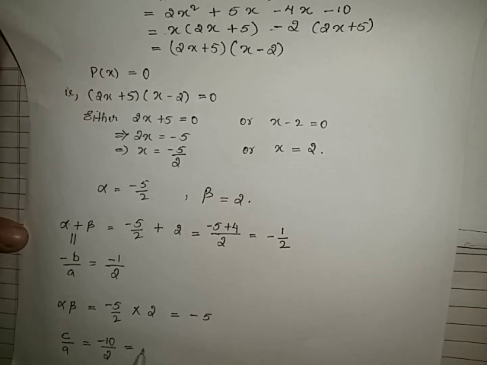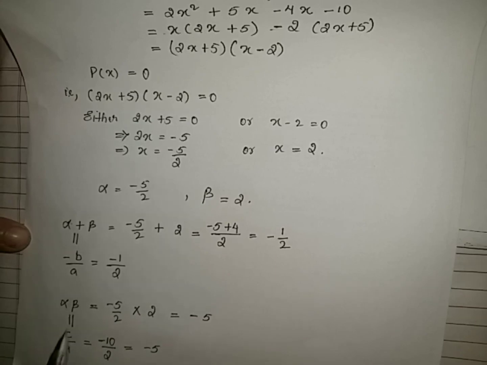What do we get? We get minus 5. Hence, alpha into beta is equal to c by a. Hence, the product of the zeros is also verified.